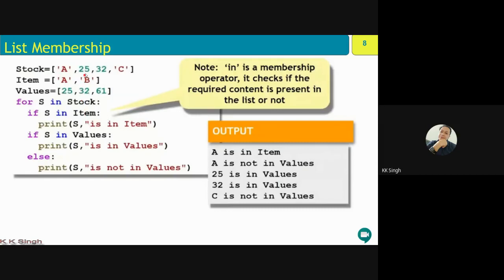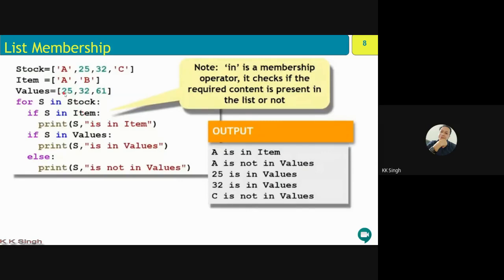Now the next value is 32. 32 is not available in the item list, so it is not printed. But 32 is available in values, so it will print 32 is in values. Now the next value is C. C is not in item, so it will not be printed.